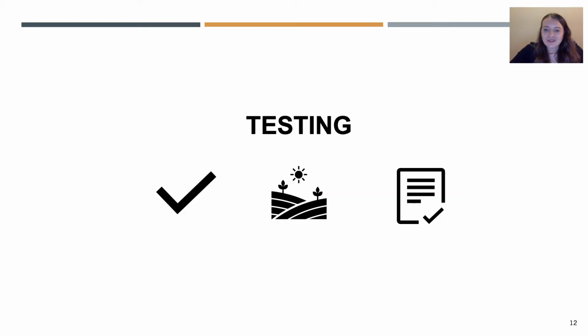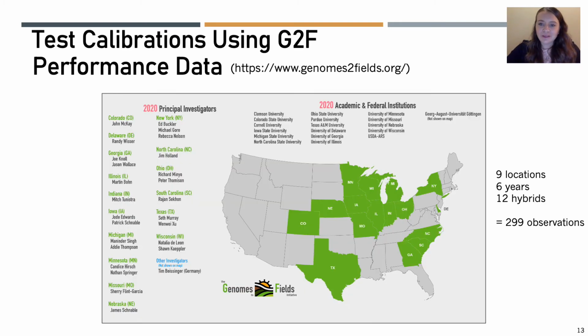But like I said, these are just proof of concept simulations, so the real test is to utilize these hybrid calibrations to simulate what has been observed when these hybrids are grown in diverse environments, like has been done in the Genomes to Fields initiative. For those not familiar, Genomes to Fields is a public, multi-institutional, collaborative, multi-environment trial, essentially.